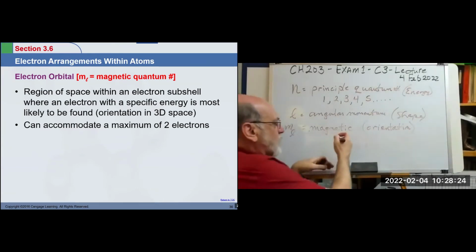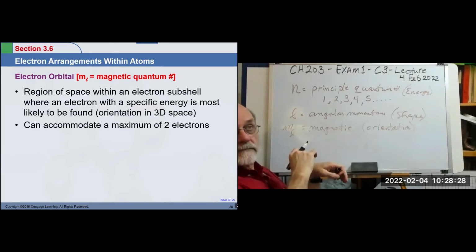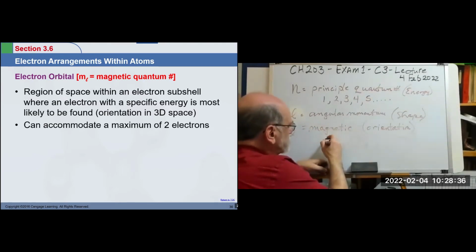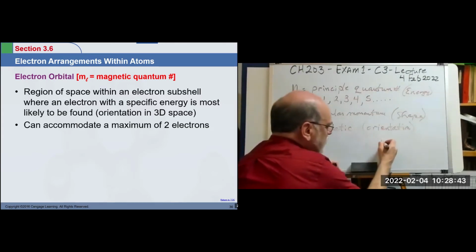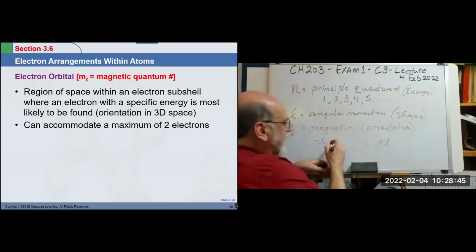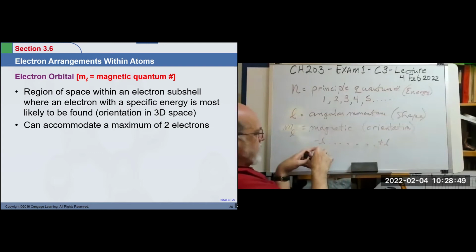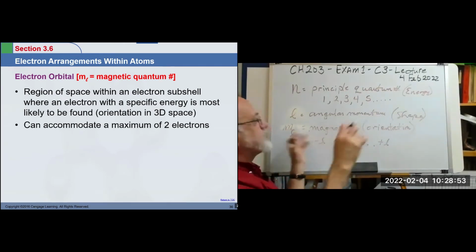This one is based on L, and it can go from negative L to positive L by increments of 1. Let's take an example.